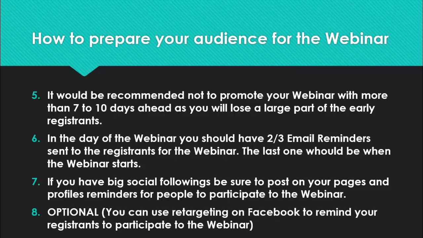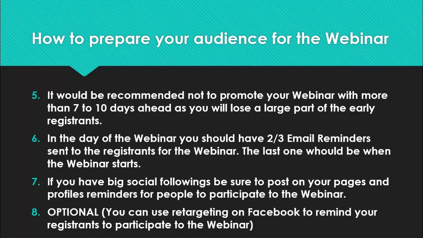Now, an optional thing that you can do, and a lot of the people that are conducting webinars on the web right now are doing this successfully, is that they use retargeting, for example on Facebook, but you can use retargeting also on Google and other ad platforms. They are using retargeting on Facebook to remind their registrants to participate in the webinar. This is optional because you already remind them through the email sequence that you have created.